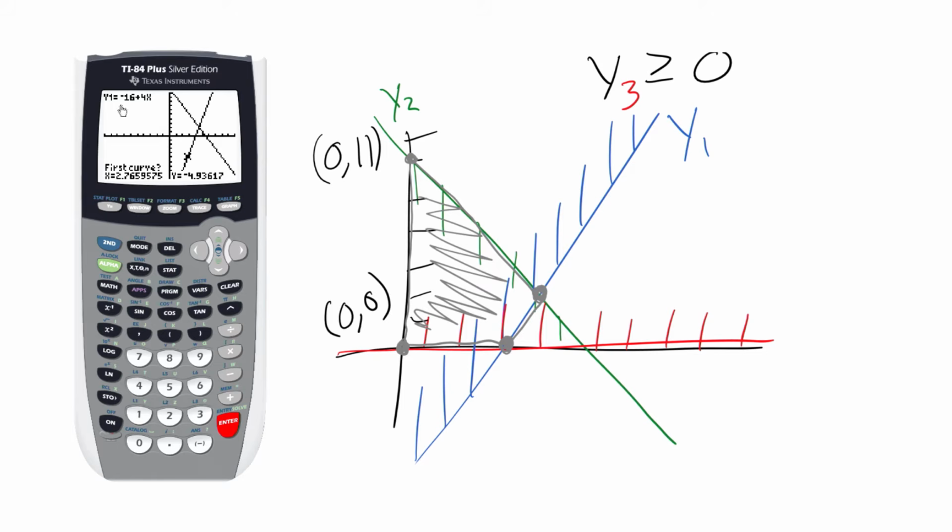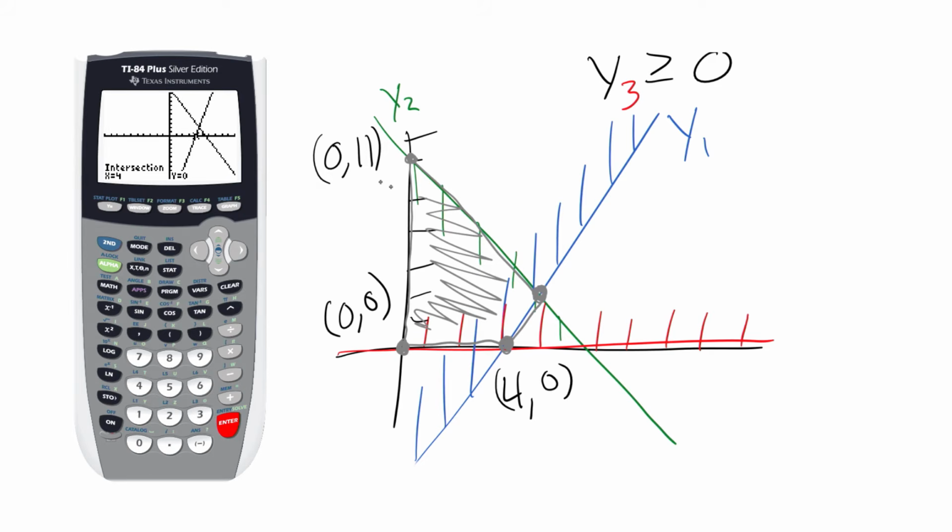By default, it'll start off at y1, so we'll hit enter to select that line. And then it'll go to y2, so we'll hit down once on the arrow pad, and that'll take us down to y3. We'll hit enter one more time, and then enter one more time, and that gives us the intersection. That tells us that point is 4, 0.